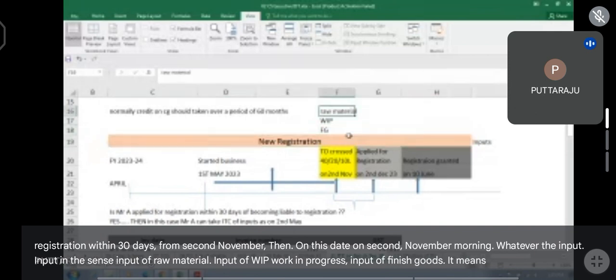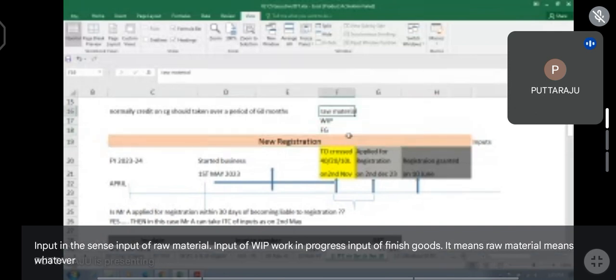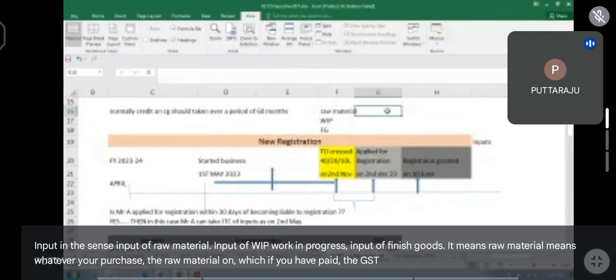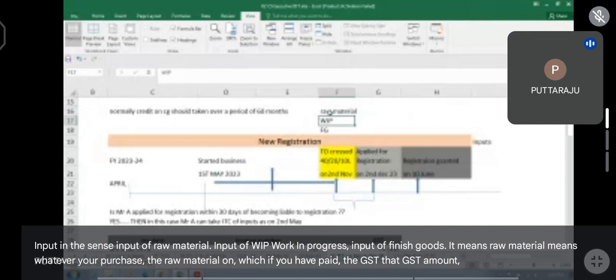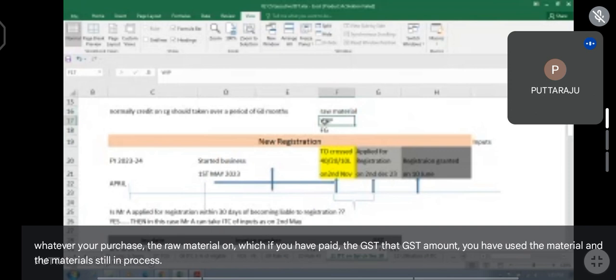Raw material means whatever you have purchased on which you have paid the GST; you have used the material and the material is still in process, not yet completed. We call it WIP.